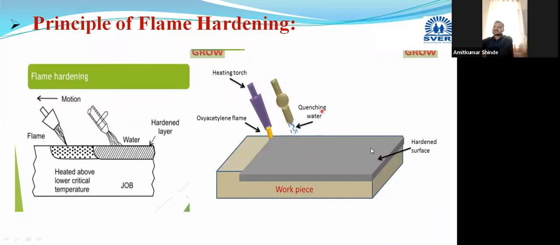Now this quenching can be done in different ways, by immersing the component in the water, or by spraying the water on the heated surface. We can use different methods.